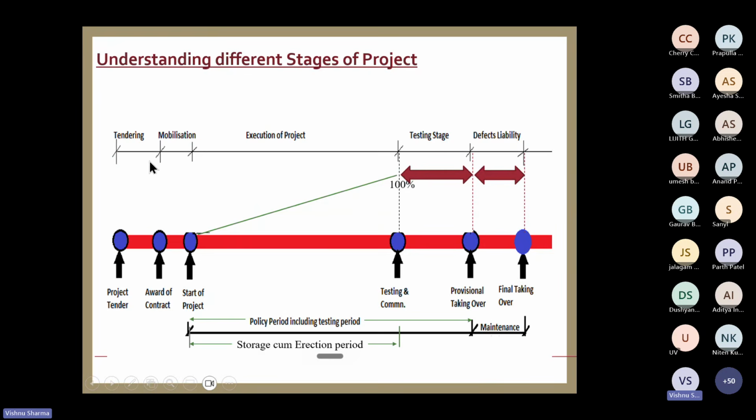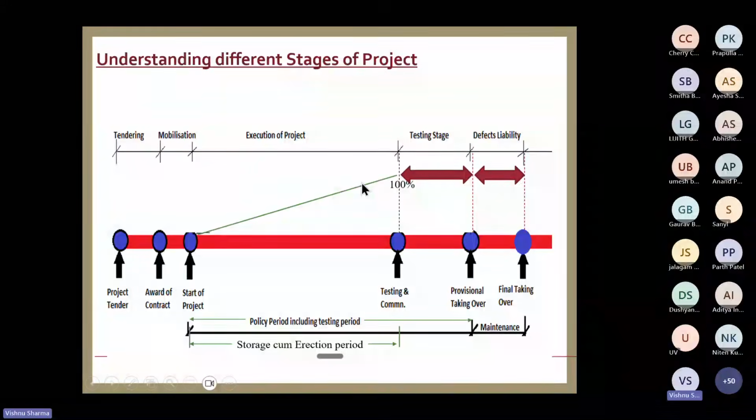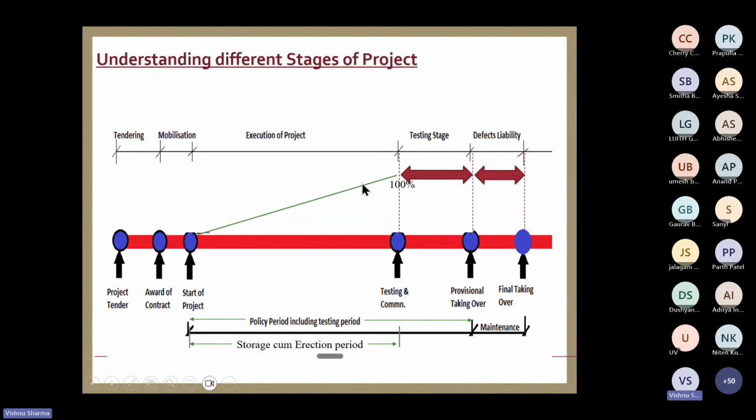Ultimately, it will remain under storage condition at the construction site. That is very, very risky. So the best thing is, if something is required at a later stage, then the supplies should also reach the construction site just 1 week before it is actually required to be erected. So this is the way mobilization is done.